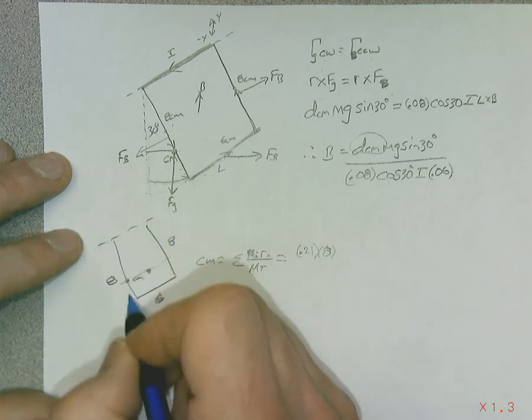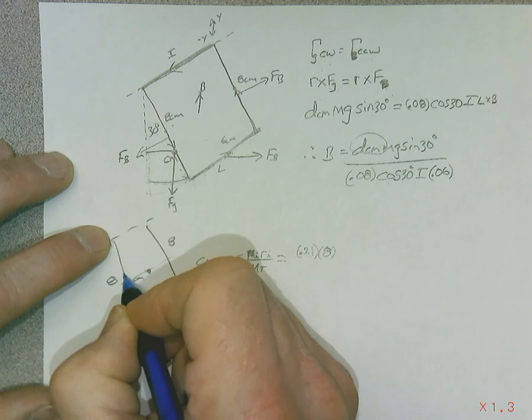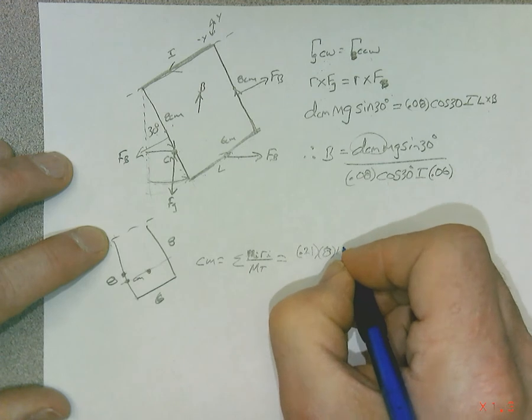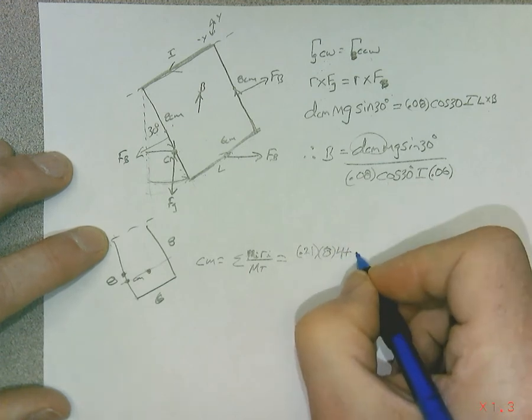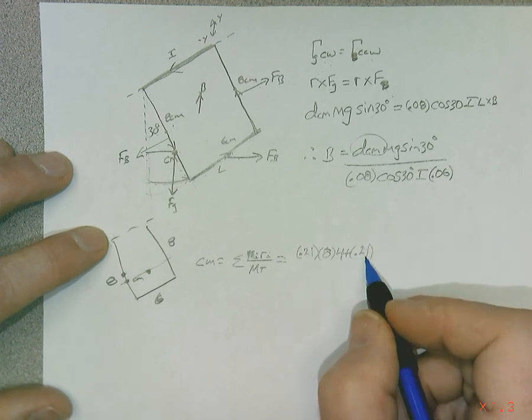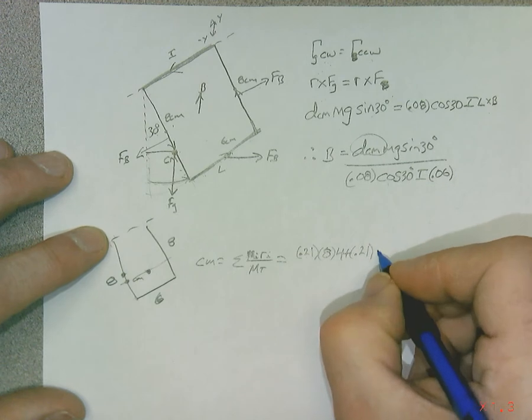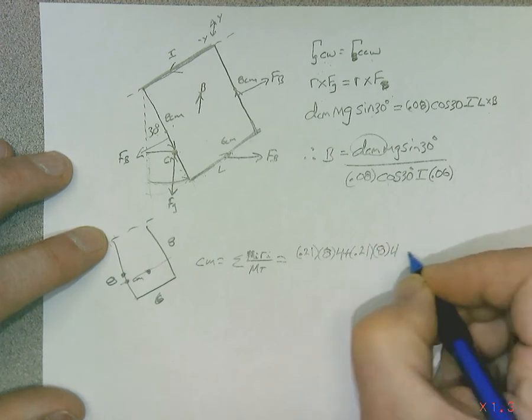The distance from here to the center of mass of this particular wire is halfway, so it's 4 centimeters. Plus 0.21, the linear density of the wire, times, it's symmetrical on the other side, so we have 8 times 4 again.